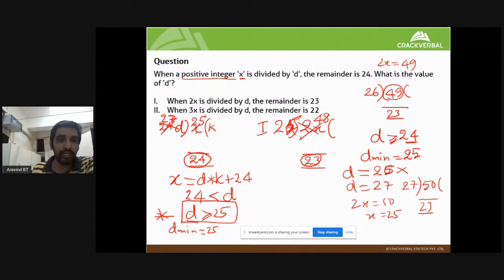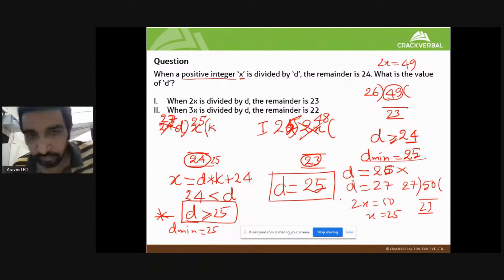Clearly, I won't. If I divide 25 by 27, the remainder will be 25. And that violates the data given in the question. Any value of D more than 25 will continue to violate the question data. And that is the reason why the first statement is sufficient to say the only value possible for D is 25.